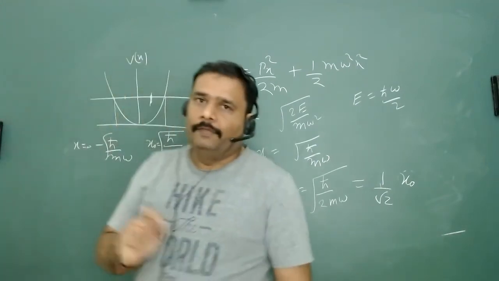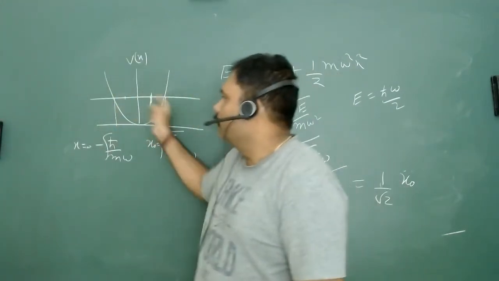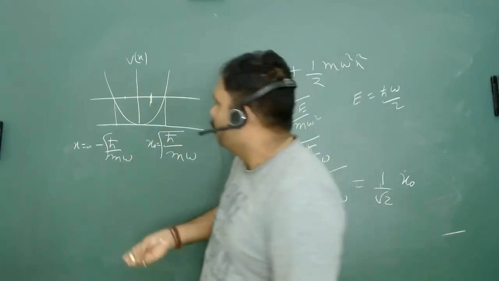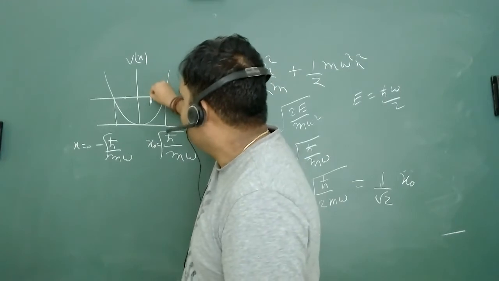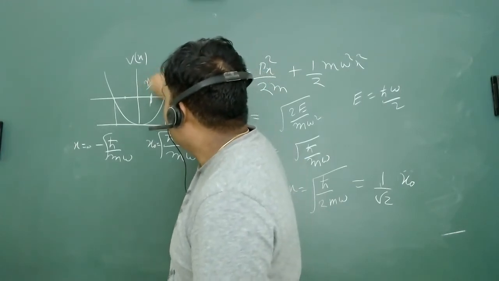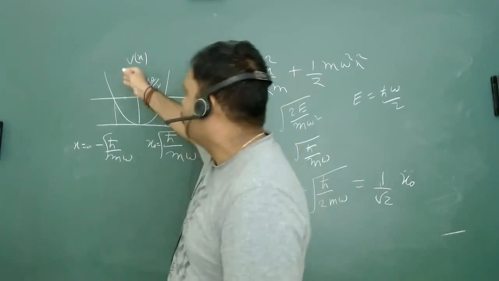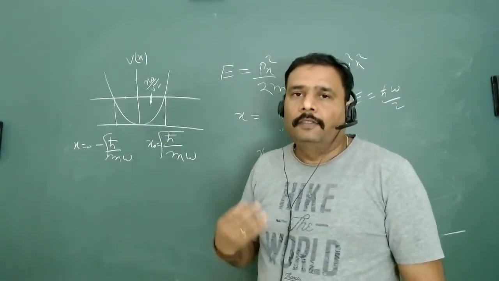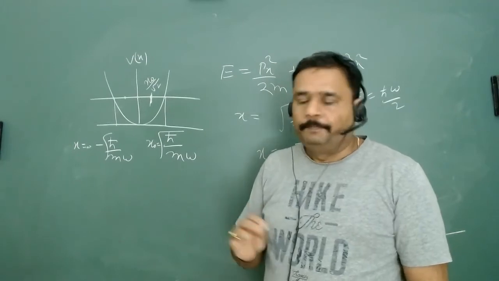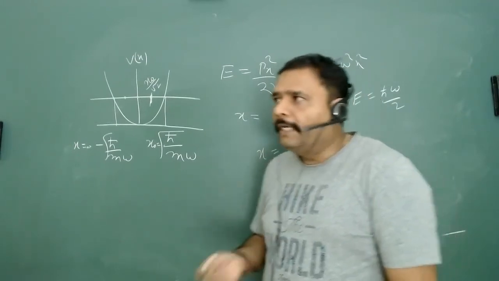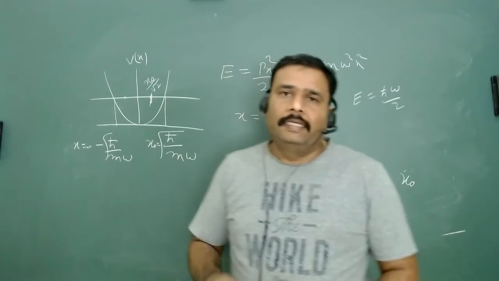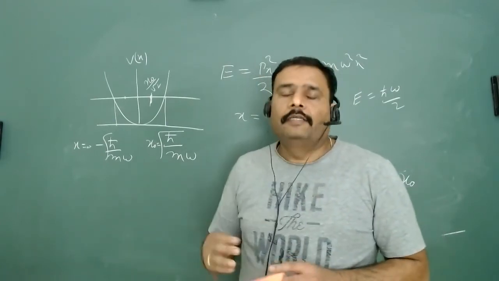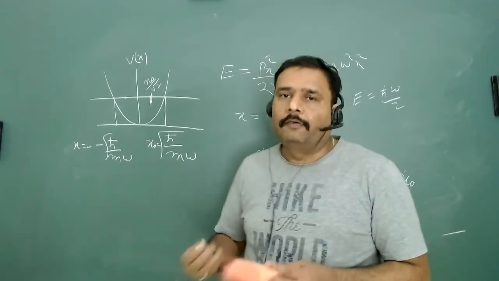The particle will move inside this region, and this delta x is nothing but x naught by root 2, and you can take the minus sign also. You can find that this energy is minimum. So you cannot neglect classical mechanics, or the classical features of a particle or a system, to understand quantum mechanics.